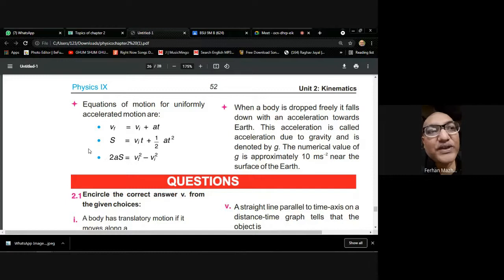This formula is only used when there is no acceleration. The acceleration is zero. In other words, the body is moving with a constant speed.